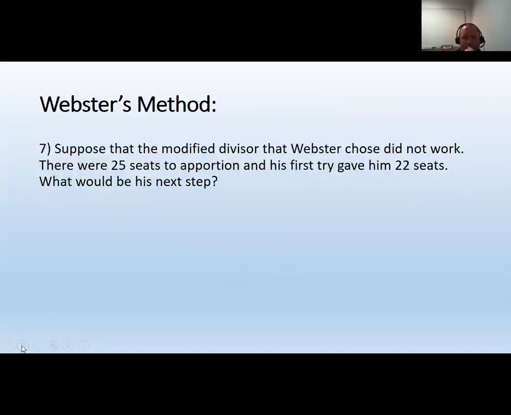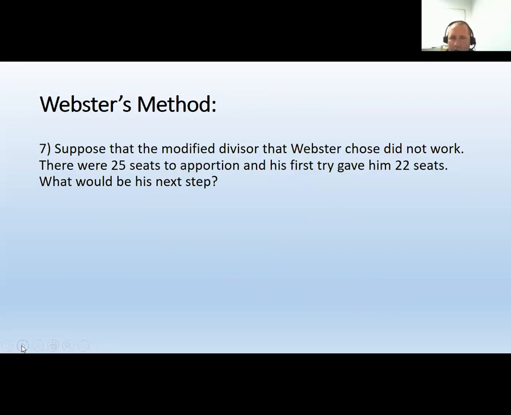All right. Here's Webster's method. Here's another one that doesn't require any work; it's more just understanding how Webster's method works. Suppose that the modified divisor that Webster chose did not work.